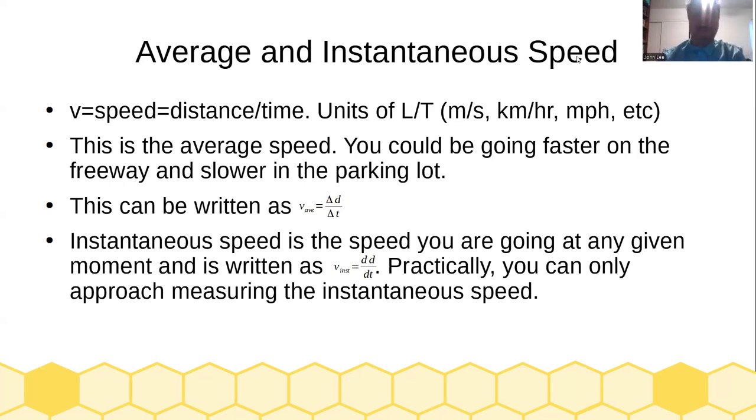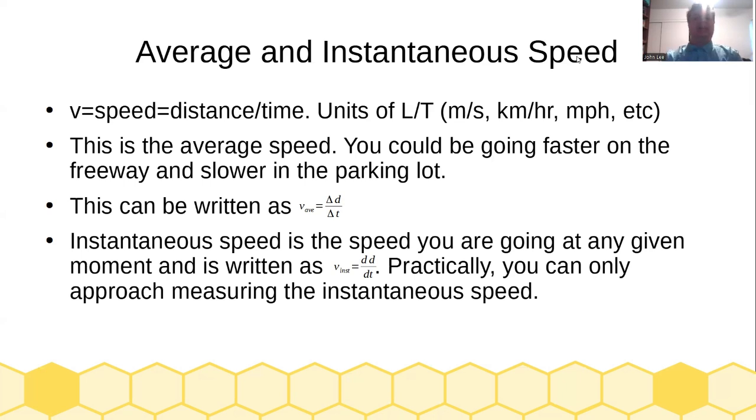Instantaneous speed is the speed you are going at any given moment, and is the speed that you'll read on the speedometer, and is written as v instantaneous equals dd over dt instead of delta d over delta t. This is because of the definition of what instantaneous means.